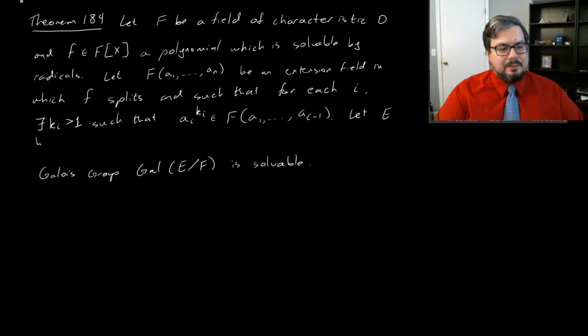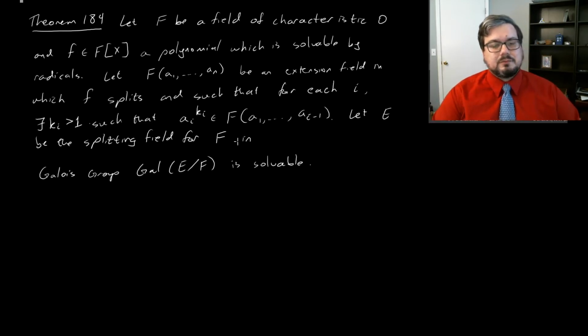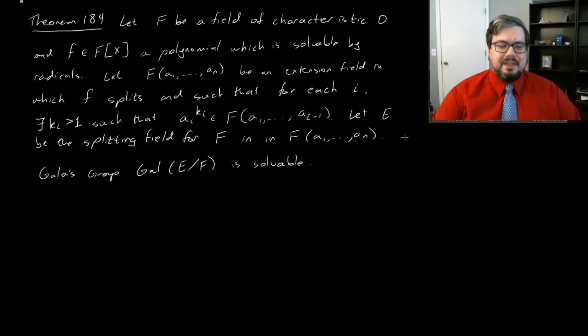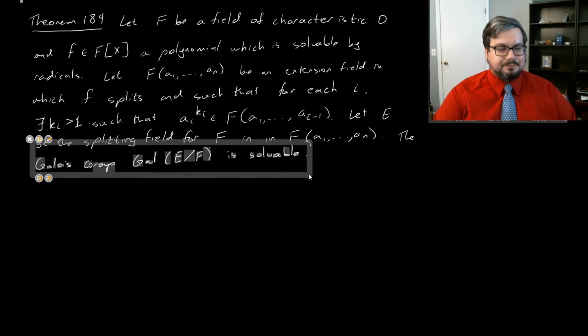So let E be the splitting field for f in this bigger field F(a1, ..., an). And then the conclusion is that the Galois group of E over F is solvable.